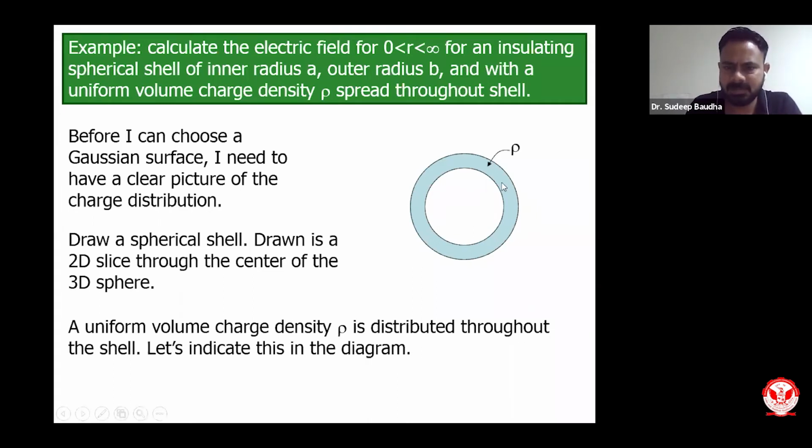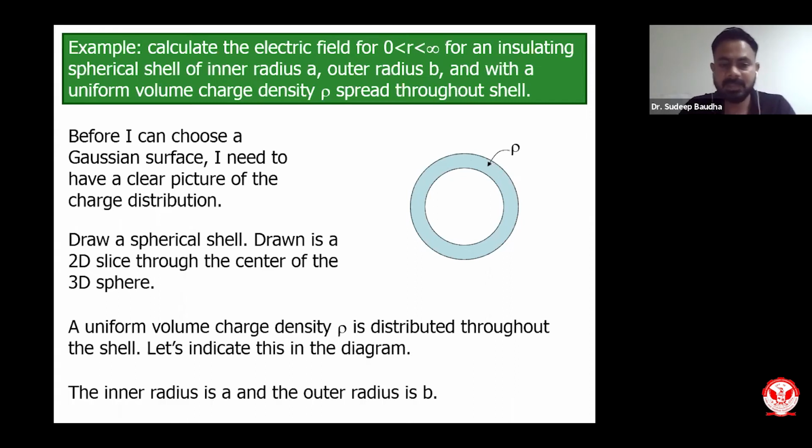I have a sphere, right now in 2D, which has a uniform volume charge density rho across the sphere, and the inner radius is A and outer radius is B. Now I hope the geometry is very clear. Now we are about to calculate the electric field from R equals 0 to R equals infinity. So this is what our question is, or what our derivation is.